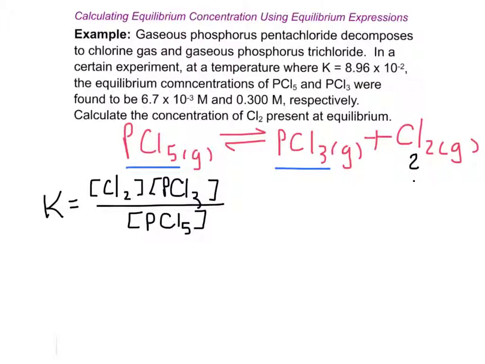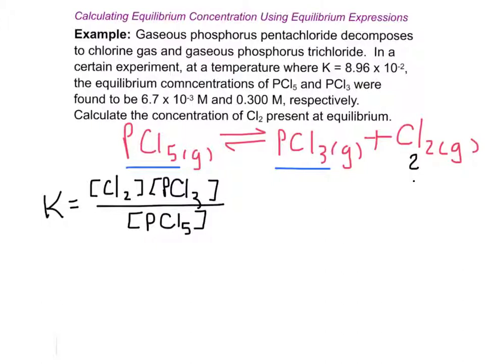So now that we have that, and again, our equation is balanced. We have one phosphorus on the left, one phosphorus on the right, 5 chlorines on the left, and 5 chlorines on the right, so we don't have any coefficients for this.